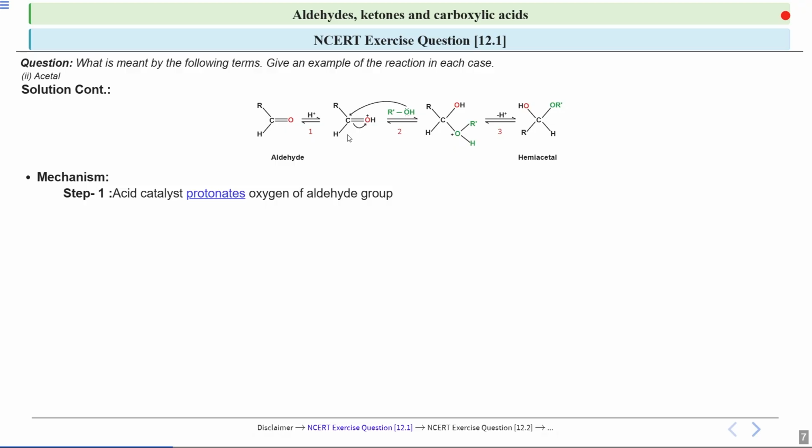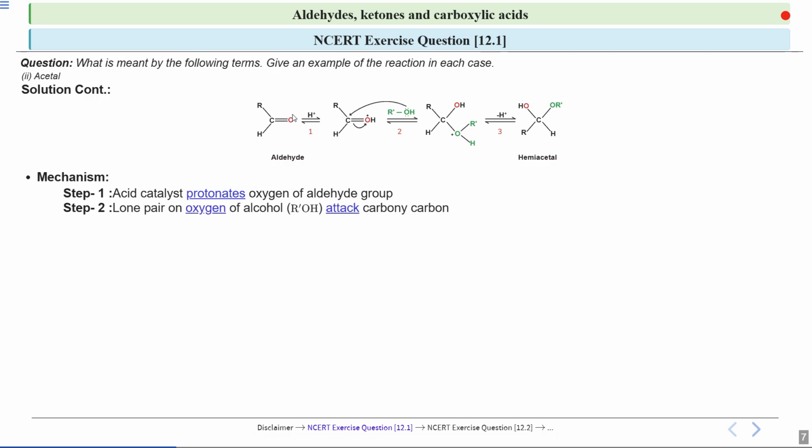What this does is make the carbonyl carbon more electrophilic. Okay, if it becomes more electrophilic, it is more likely to attract electrons. So in the first step, the acid catalyst protonates the oxygen of the aldehyde group.